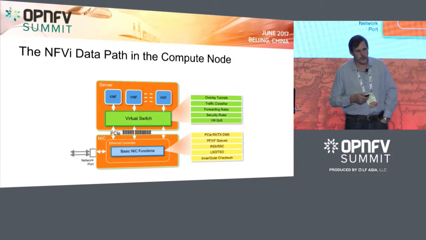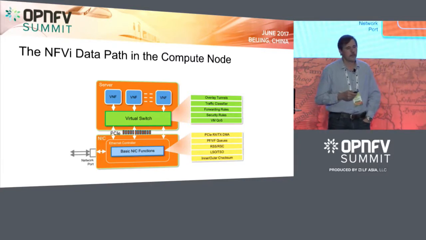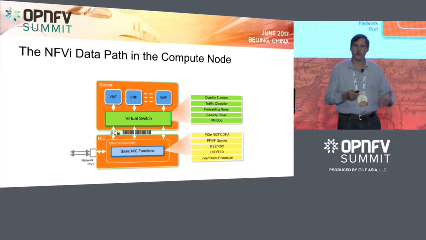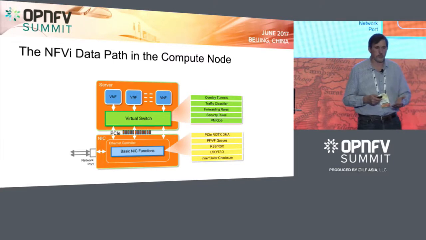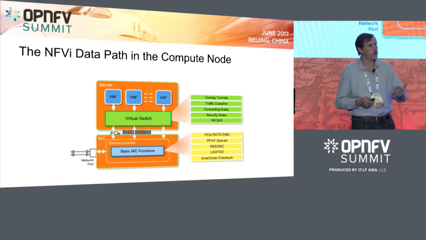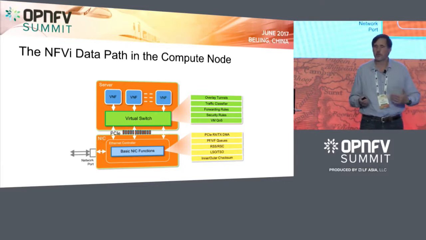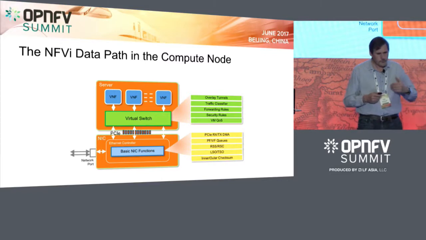So let's go down a layer and start to parse into the compute node and talk about the architecture of the compute node. Typically, again, today you have a standard NIC, network interface card, which is just doing basic functions, doing things like moving packets back and forth, RX, TX, DMA, Ethernet packets.